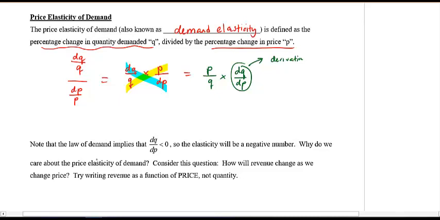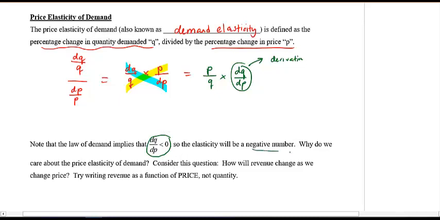So the law of demand implies that this derivative, the rate of change of quantity over price, should be less than 0. Okay? Meaning, think about it. If I were to have more items, then the price should go down. So these are opposite directions, right? If the quantity goes up, the price should go down. So one's positive, one's negative. So therefore, the expression here should be negative.